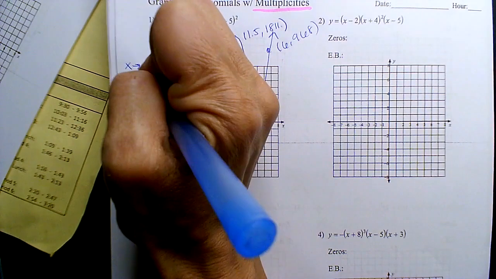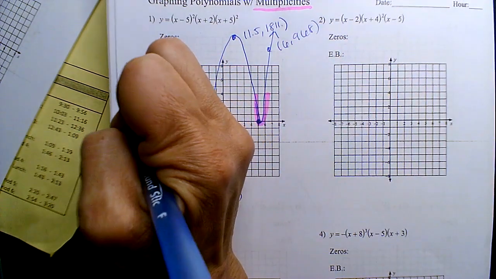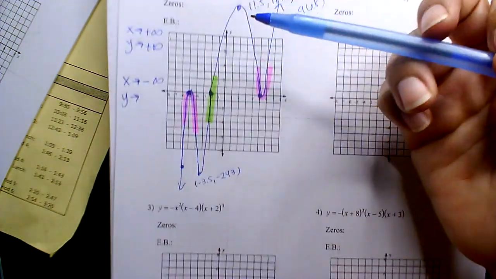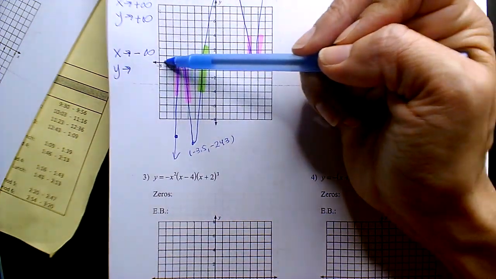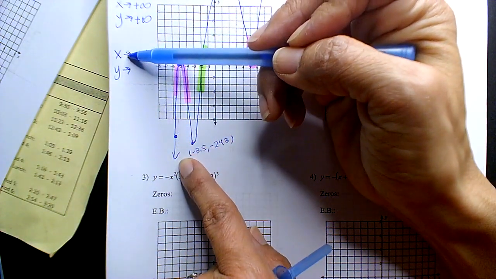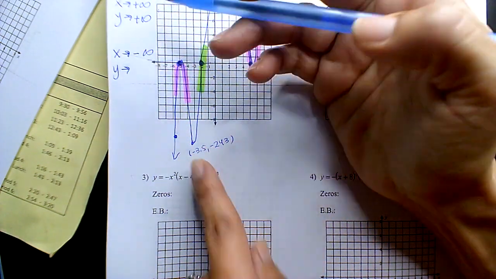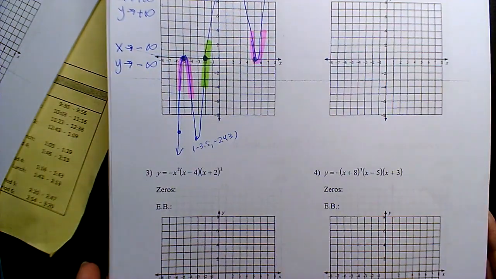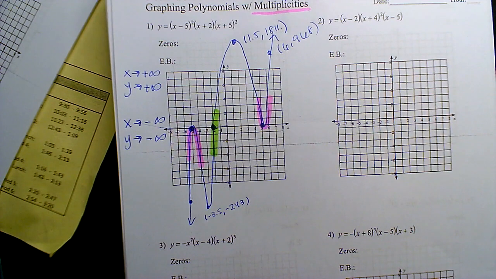Yeah, positive infinity. As x approaches negative infinity, what is y approaching? As x becomes more negative, the function is doing what? Negative. There's your end behavior. Okay, I'll stop it.